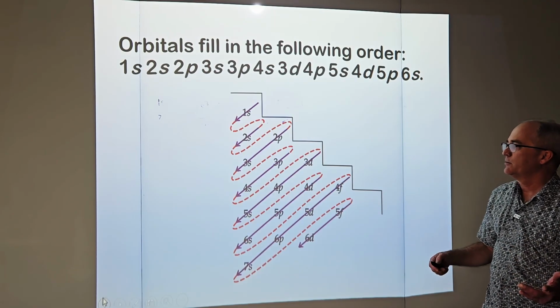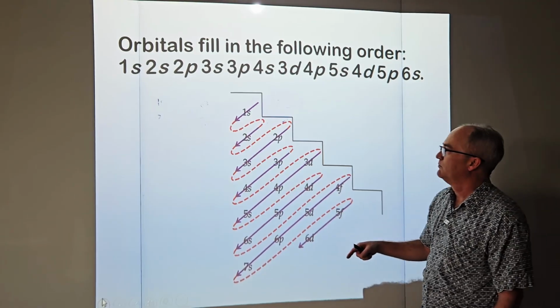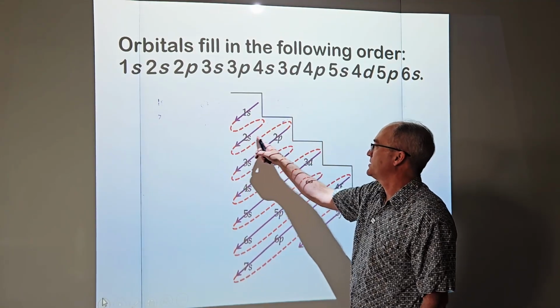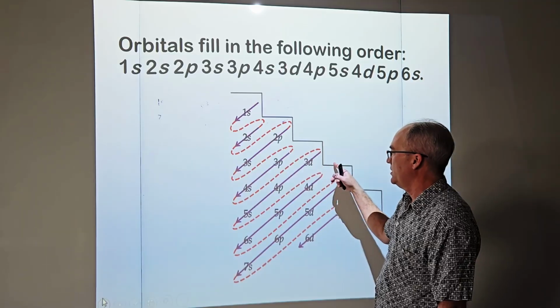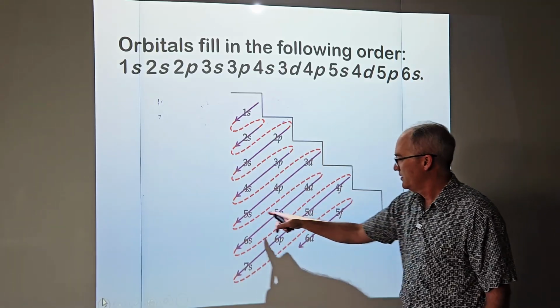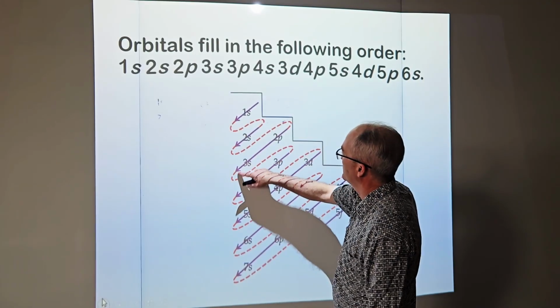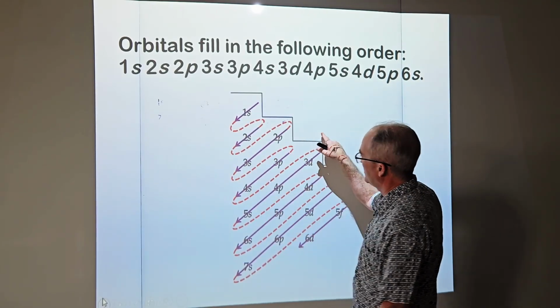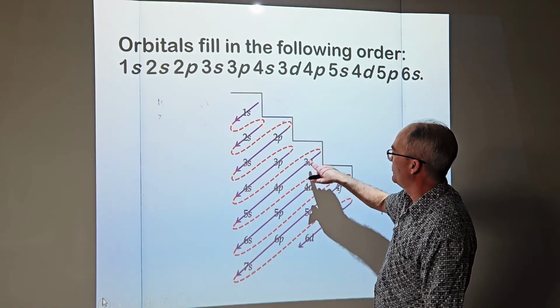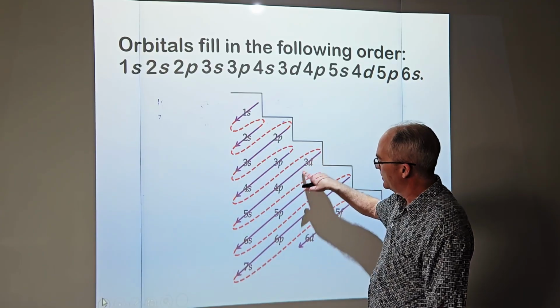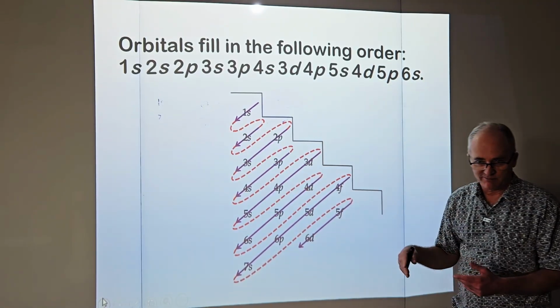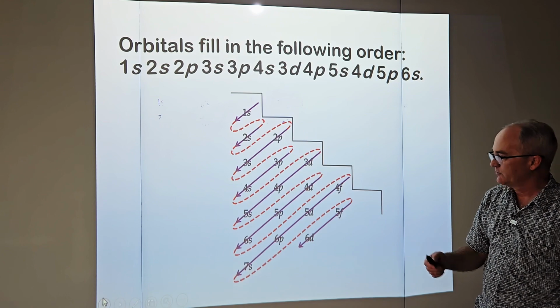I always screw up the drawing, but it's like first shell, second shell, third shell, fourth shell, fifth shell, and so on. And then if you do this thing like this, watch the magic. You're going to do the 4s before the 3d. I have a hard time reproducing this, especially if you have a periodic table in front of you.